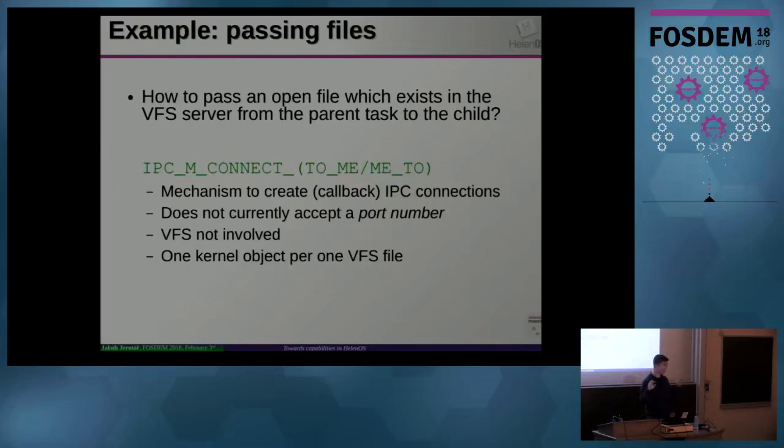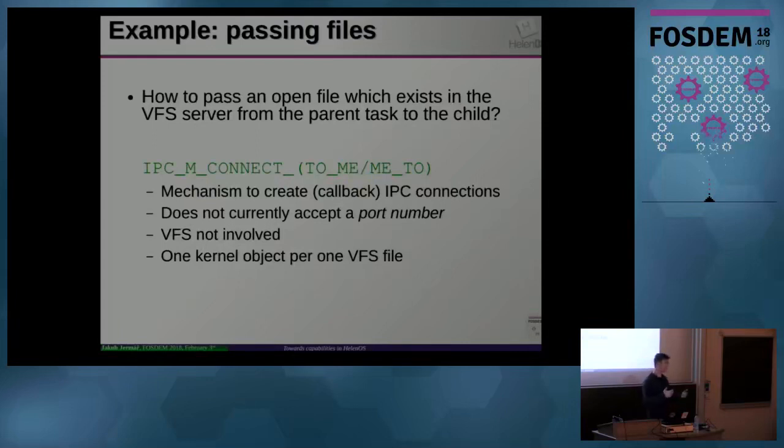And currently, it does not accept the port number, so it wouldn't work that way in the current HelenOS. There still needs to be something done in order for it to work like this. Note how the VFS server is not involved anyhow in this transaction. And we now have a different situation where each VFS file is represented by one kernel object.